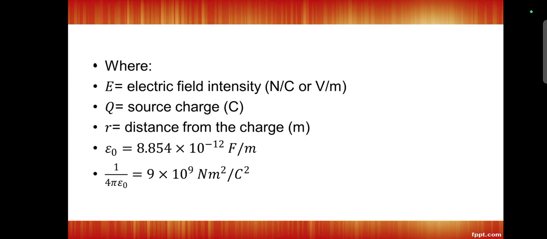Q is the source charge in coulombs, R is the distance from the charge in meters, and epsilon naught is equal to 8.854 into 10 power minus 12 farads per meter. So 1 by 4 pi epsilon naught is a constant, otherwise known as K. It is 9 into 10 power 9 newton meter square per coulomb square.